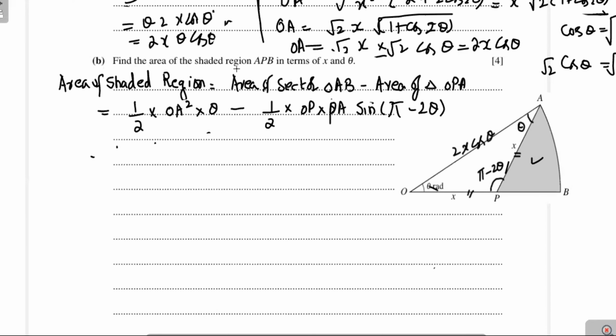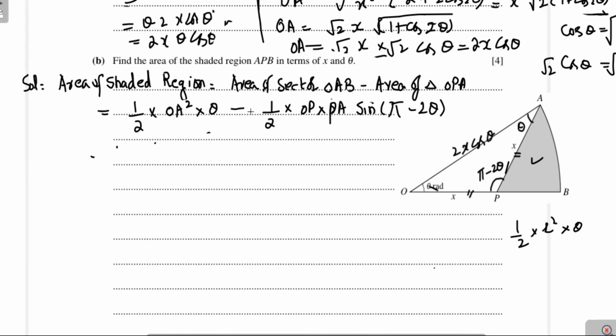Part B: find the area of the shaded region APB in terms of x and theta. The area of this shaded region will be equal to the area of sector OAB minus the area of triangle OPA. The area of the sector will be equal to 1 over 2 r squared theta, and the radius of this sector is OA.